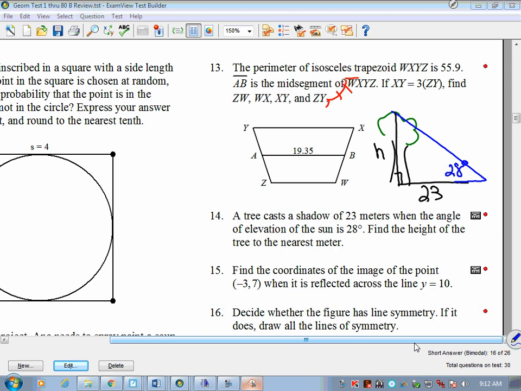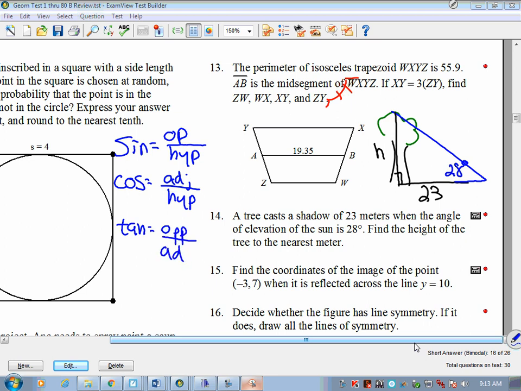We say sine equals opposite over adjacent? No. All right, so let's do a quick review. Sine is opposite over hypotenuse. Cosine is adjacent over hypotenuse. And tangent is opposite over adjacent.